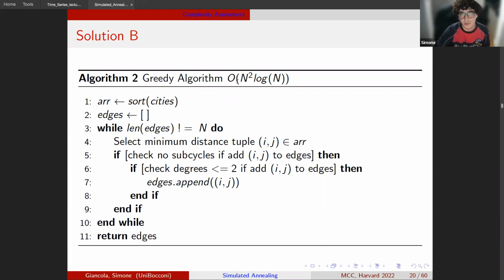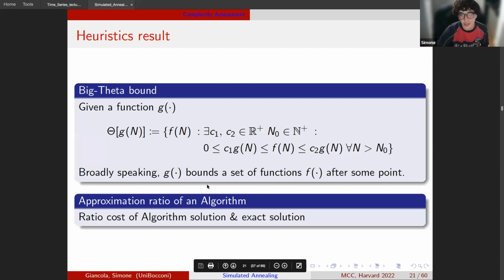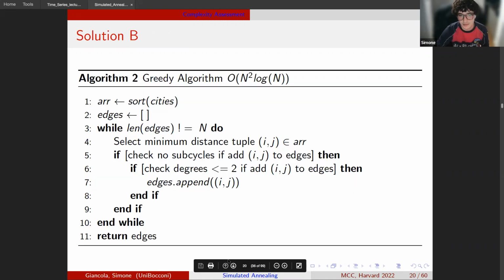And if we do this, the computational time is pretty fast, but we will not find the exact solution, because it's not really true that finding the lowest distance solution starting from a single city and then iteratively adding is necessarily going to be the lowest distance solution overall.